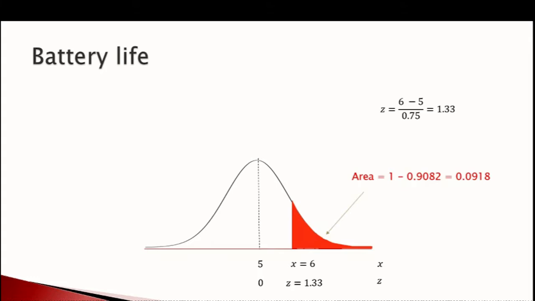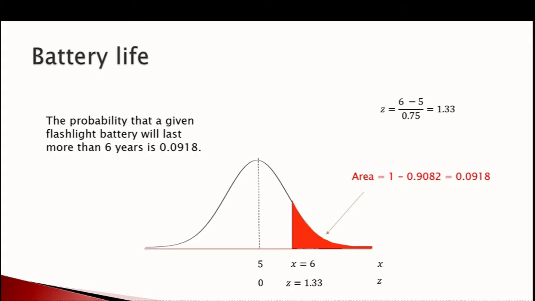So the area to the right of z equal to 1.33 is 0.0918. Thus, the probability that a given flashlight will last more than 6 years is 0.0918, or about 9%. So there is about a 9% chance that a given flashlight battery of this particular type will last more than 6 years, more than the mean of 5 years.